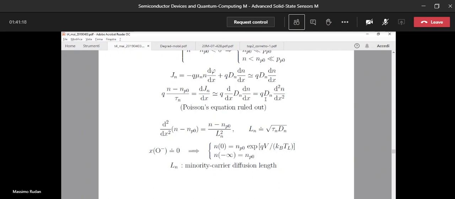Then we eliminate the charge, q here and q there are dropped, and we divide by the constant Dn. So we bring Dn in the denominator and multiply it by tau n. Well, then you remember, tau n is a lifetime, so it is a time.